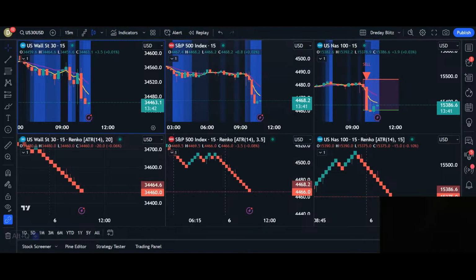But if you already reached your goal for the day, just secure your profit. Or if you're in drawdown, just cut it short. You want to make sure that you're still in the game, so it's not a race.